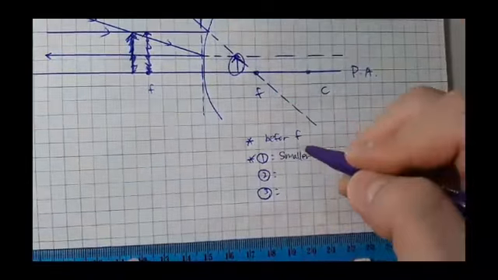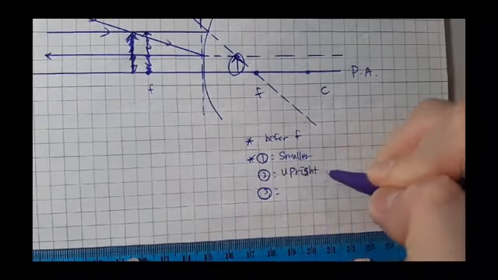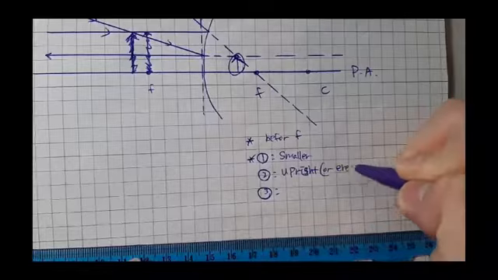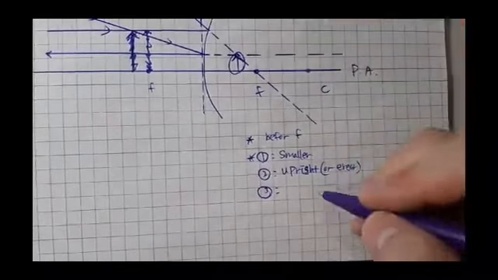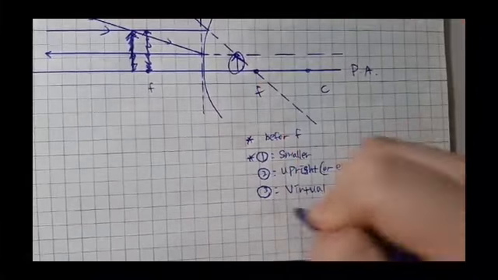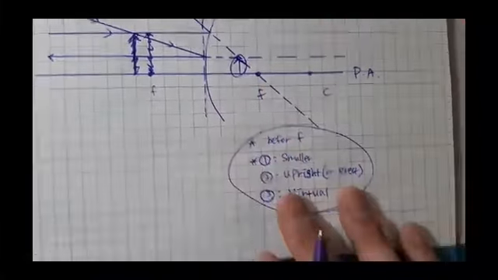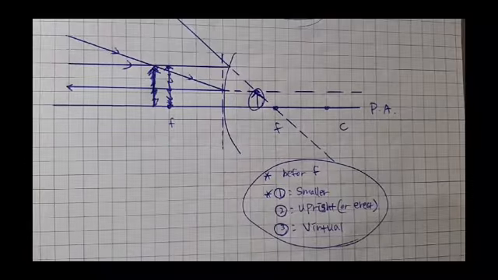Is it inverted? No, it's upright. Or people say erect image. Doesn't really matter which one you use. And when it comes to the third one, it's a dotted line, so virtual. That's my example of how you can see a diverging situation. It is really case by case, so you have to pay attention to the entire situation.